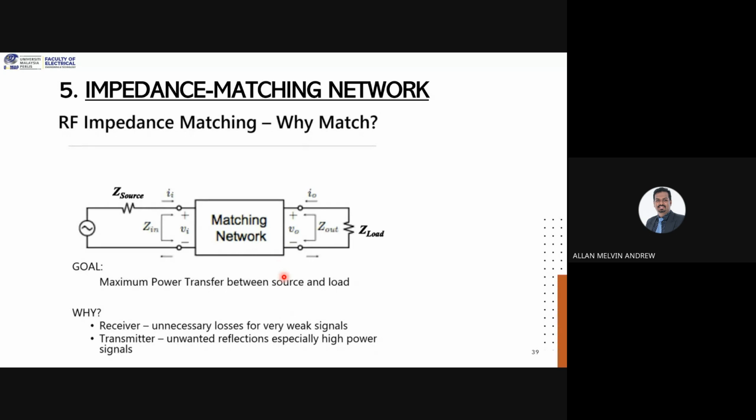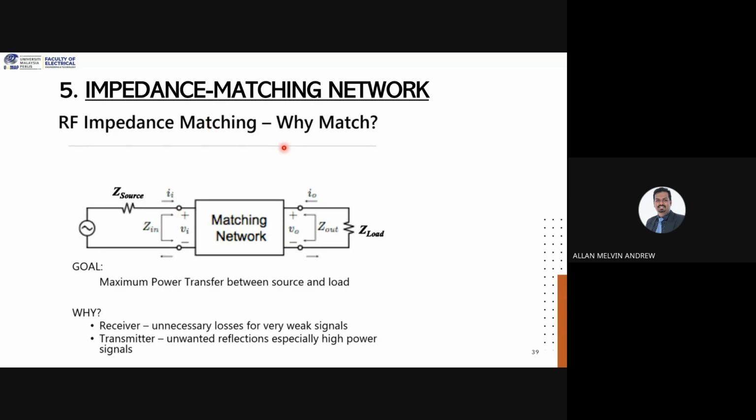A source meaning the input that you are giving, and load meaning the output of the system. Okay, so you can see the output. So in a transmission system, what is the input?